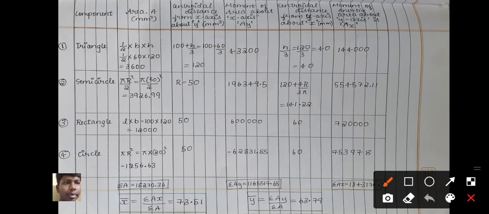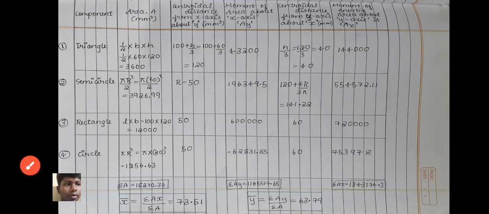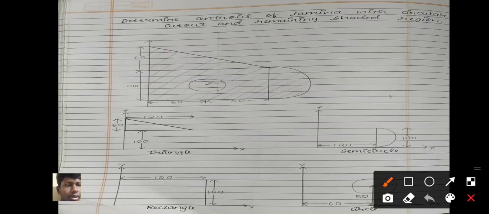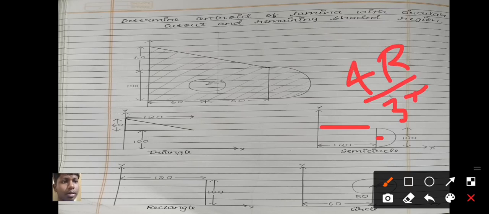Coming to the centroidal distance from the y-axis, that will be for the semicircle, right? For the semicircle, for the y-axis, here we can see it is 120. And for this part, we have a formula, 4r by 3 pi.